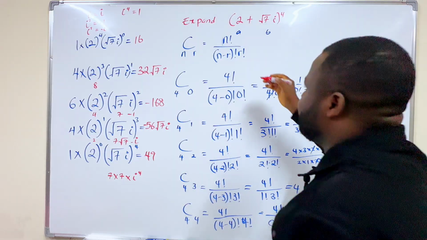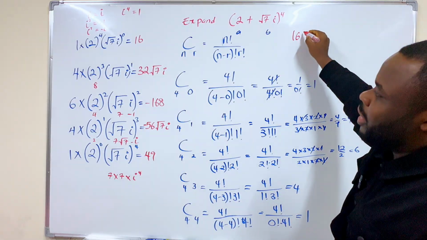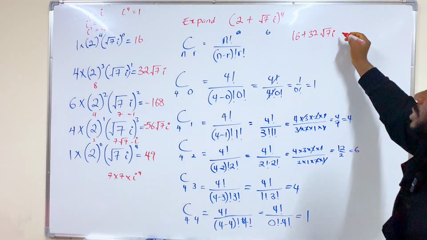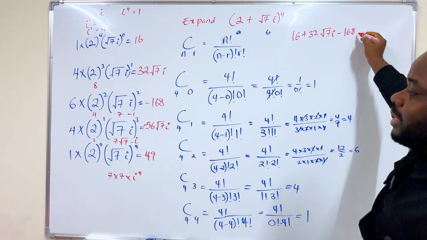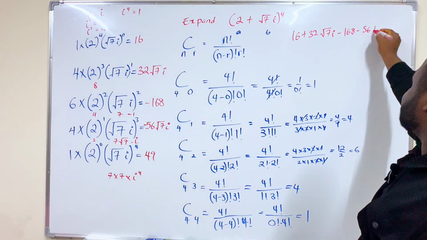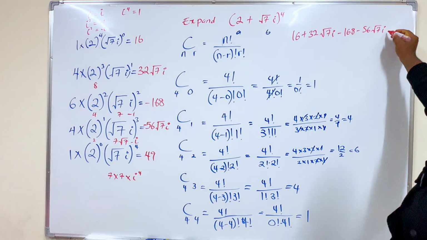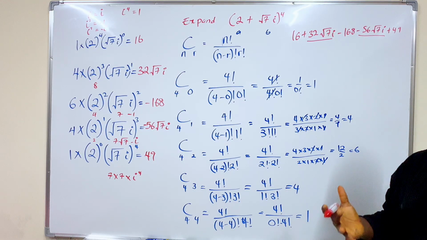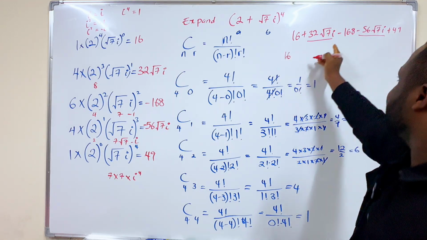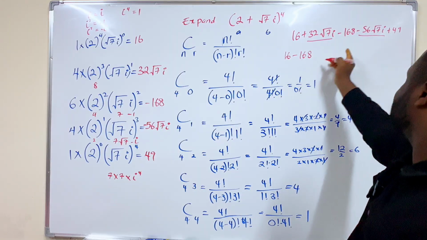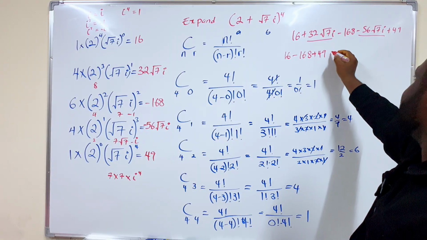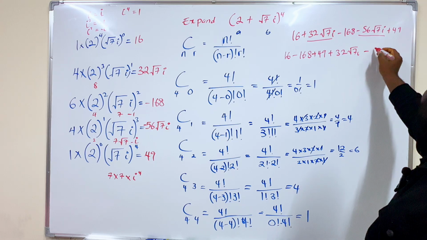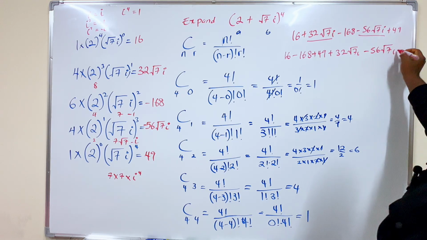So the first one, we have 16 plus 32 square root of 7i. Hope you can see it. Minus 168 minus 56 square root of 7i. Then plus 49. Okay, so we group the imaginary parts together and the real parts together. So here we have 16 minus 168, then plus 49, then plus 32 square root of 7i minus 56 square root of 7i.